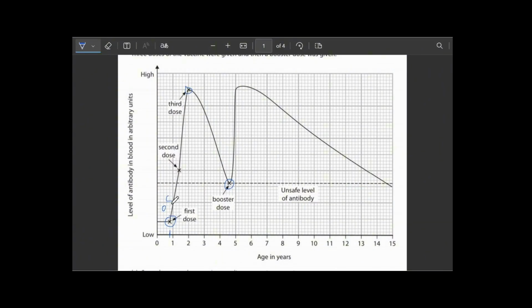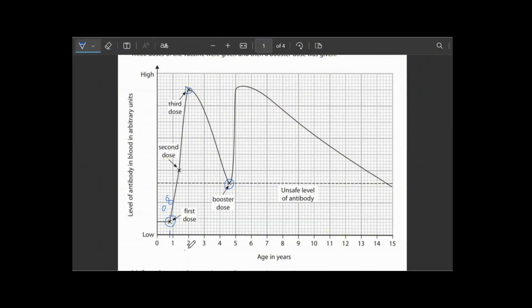Okay. And the third dose is here as this line follows. Right here. Okay. So the third dose is right here, which is 2.